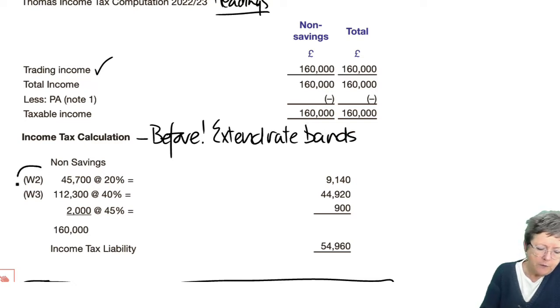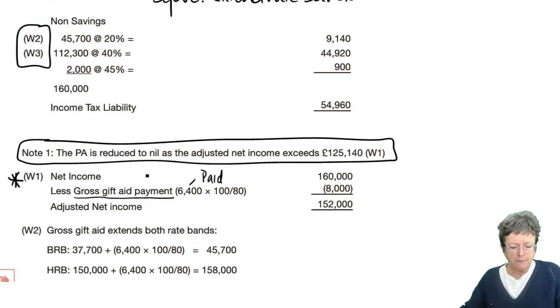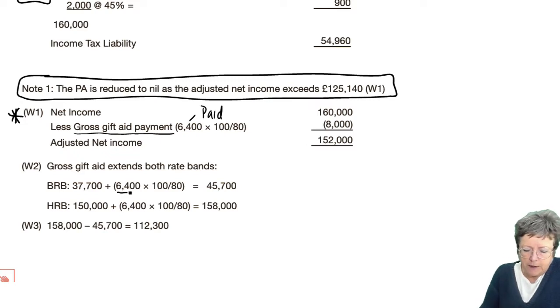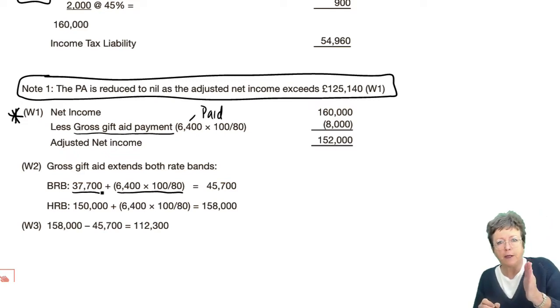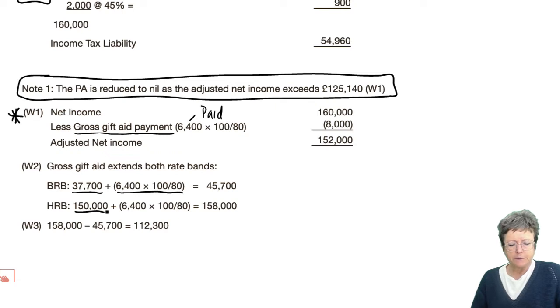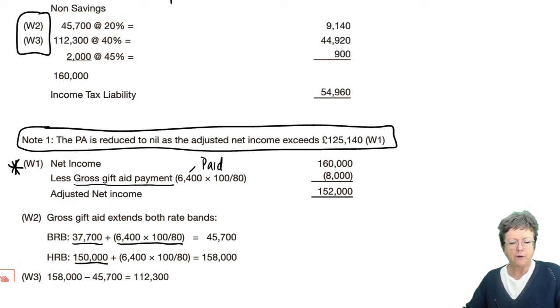And you'll notice here we've got some more workings. So these rate bands, there's the amount he paid, grossed up, and there's the basic rate band, which you can copy from the rates at the beginning. You don't have to remember them. So the basic rate band before he has to pay high rate is 45,700. The high rate band is now 158,000.